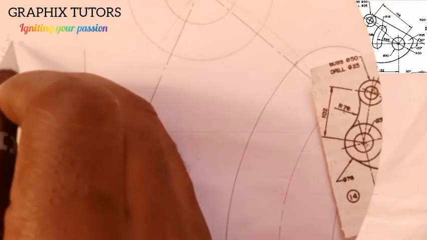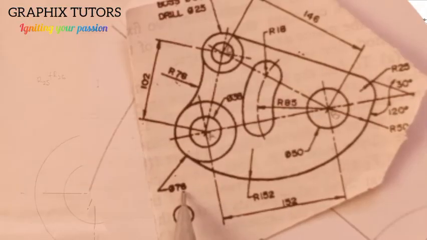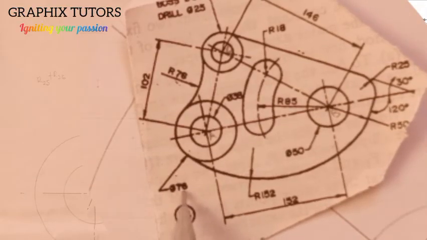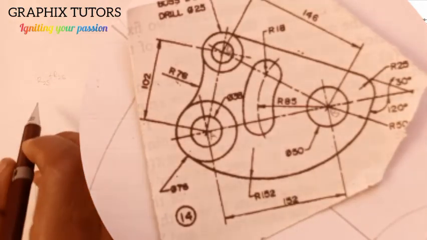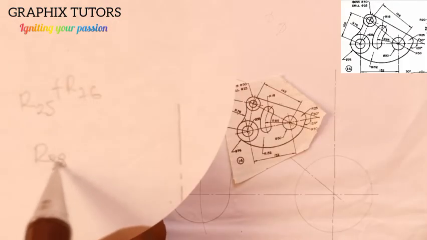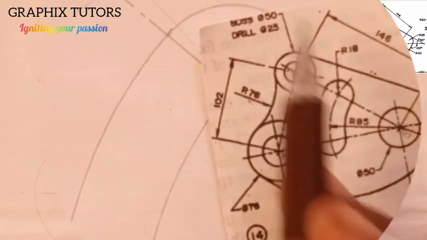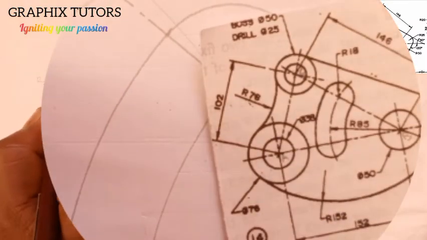So plus arrow 76. Then for this is 38. Are we good? So the radius will be 38. So this will give me arrow 38 plus what? Arrow 76. So you're going to add the radius of this circle plus this radius, and radius of this circle plus this radius.